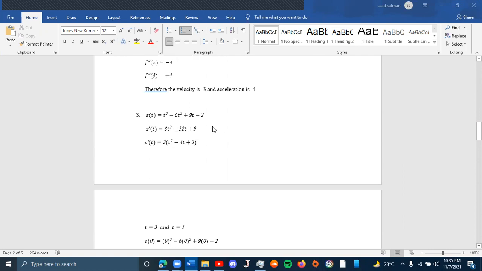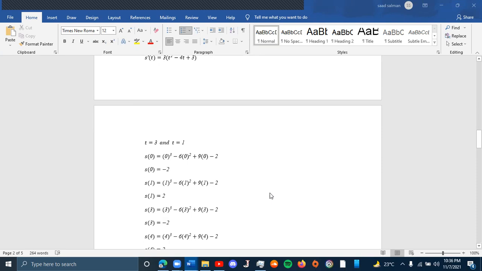We'll solve this question by starting with the equation s(t) = t cubed minus 6t squared plus 9t minus 2, which will give us s prime t = 3t squared minus 12t plus 9, which will give us s prime t = 3(t squared minus 4t plus 3), which will give us t = 3 and t = 1.